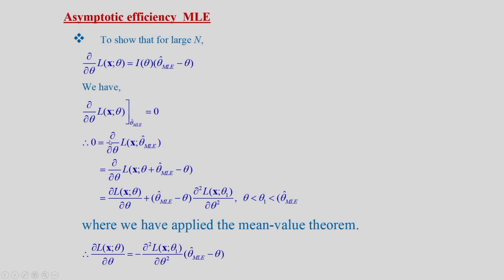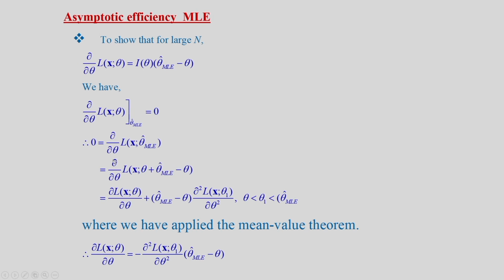Therefore, 0 will be equal to del L del theta at theta hat MLE. Now, this theta hat MLE we can write like this: theta plus (theta hat MLE minus theta), where theta is the original value of the parameter. So, we write theta hat MLE by this manipulation.